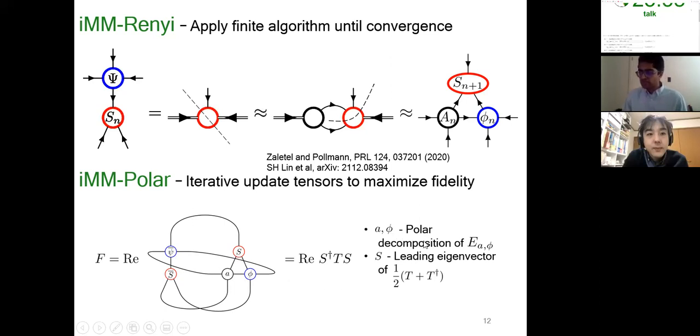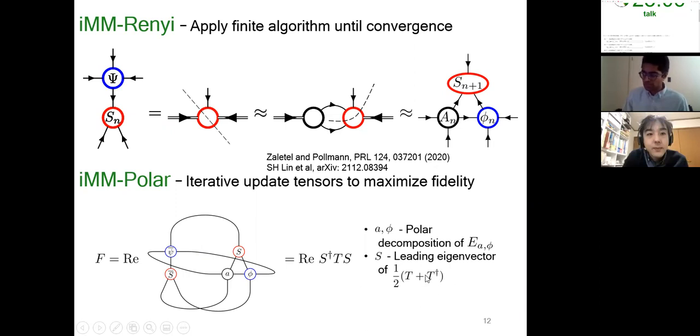For A and phi, which have isometric constraints on them, we find the environment of these tensors by contracting everything except that. We do a polar decomposition, and then the result of that becomes our new guess for A or phi. For optimizing S, we fix psi bar, which is always fixed because that's the input of our problem, and then we also have A and phi, the current estimates from this polar decomposition procedure, and we find the leading eigenvector of the mixed transfer matrix.